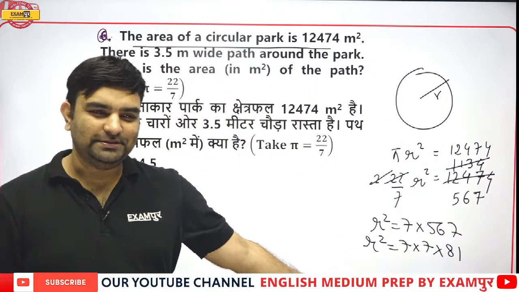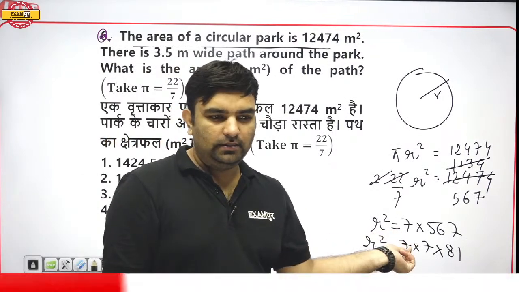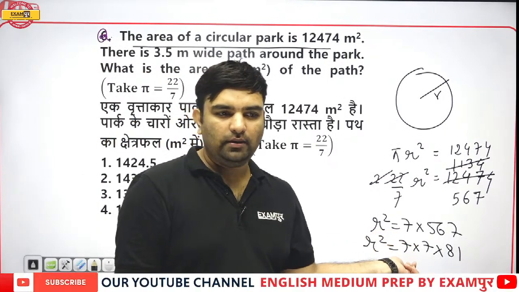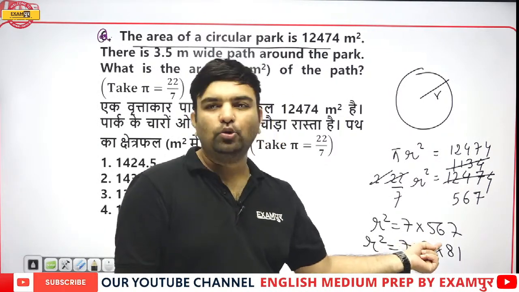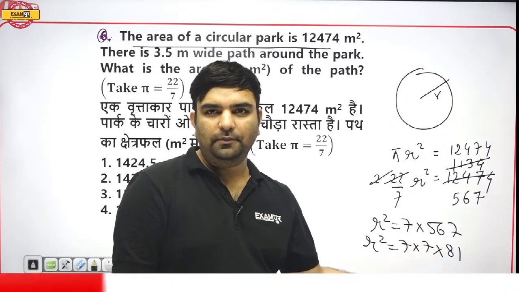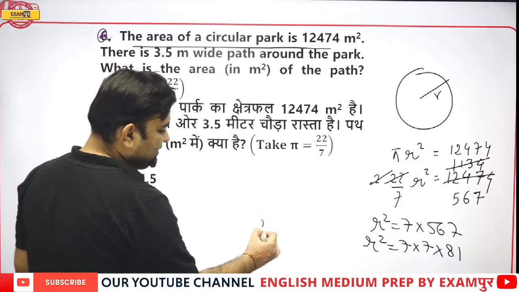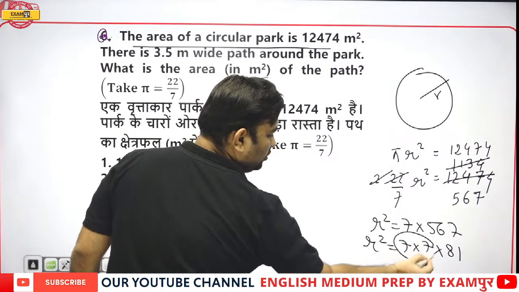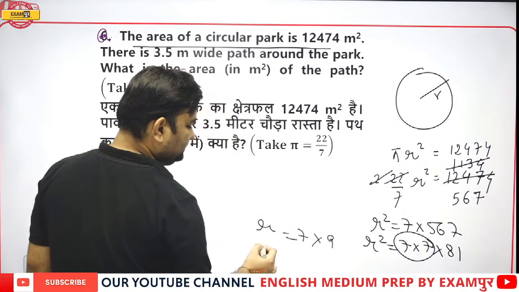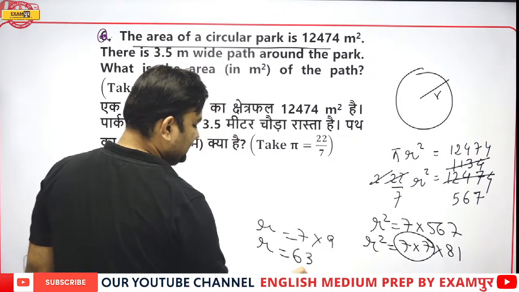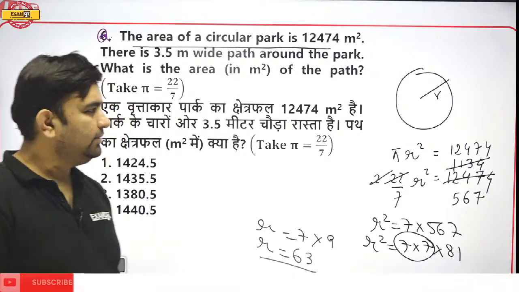Now it has become easier. Because I was thinking that if it is a perfect square, there should be two perfect factors. So I take out 7 common from here and it becomes 81, which is also a perfect square. So radius is, out of 7 square 7 will come, out of 81 9 will come, 63. Radius is 63.